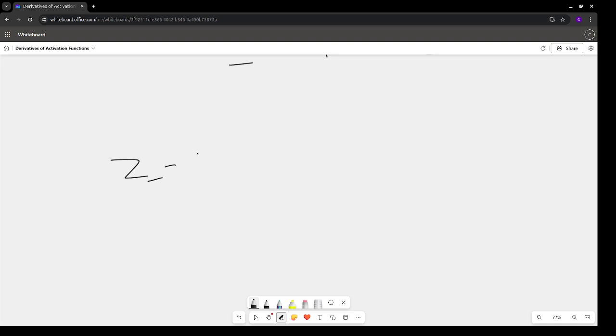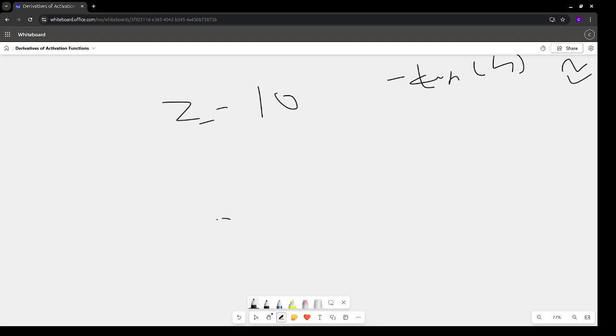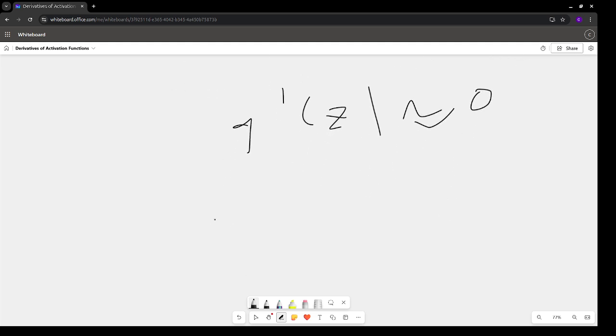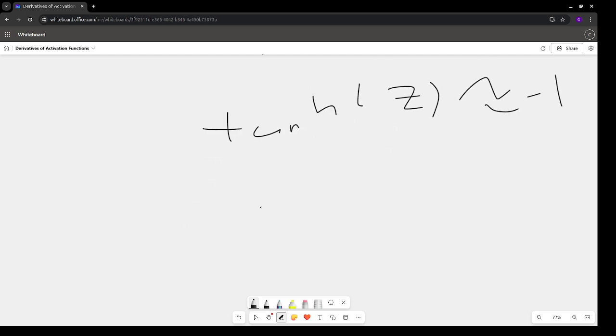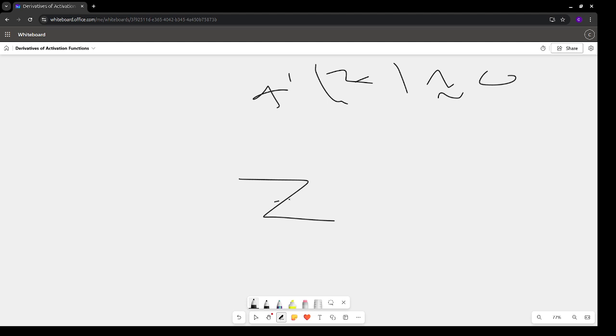And when z is large, tanh is going to be equal to 1. Now g of z is going to be almost equal to 1, and g dash of z is going to be almost equal to 0.